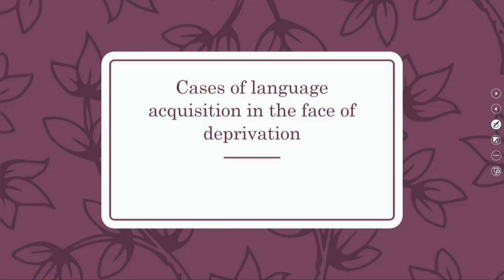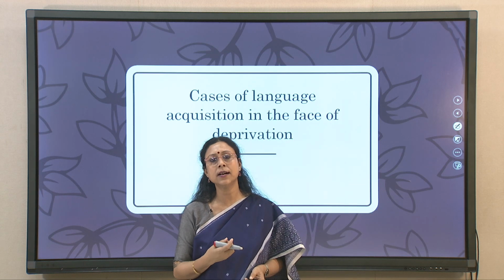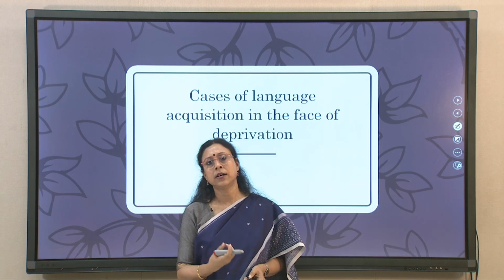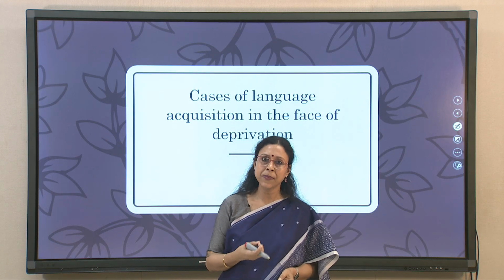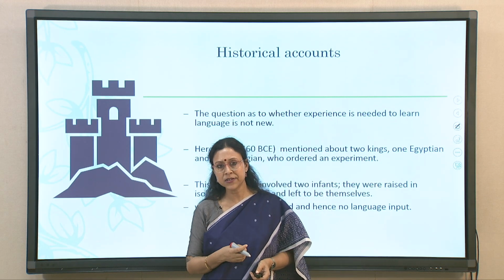For example, cases where language acquisition has happened in the face of serious deprivation of various kinds, as in when the environment did not provide an adequate amount of input to help the acquisition of language. So, let us go back a little bit in history.